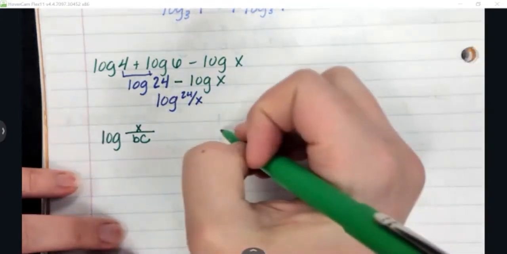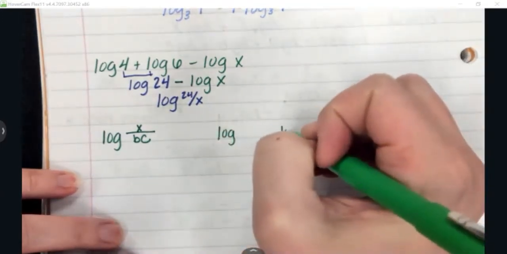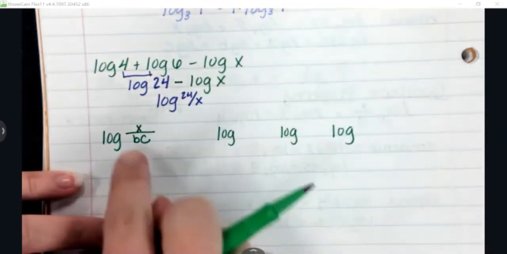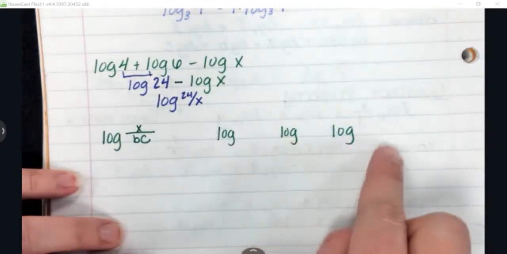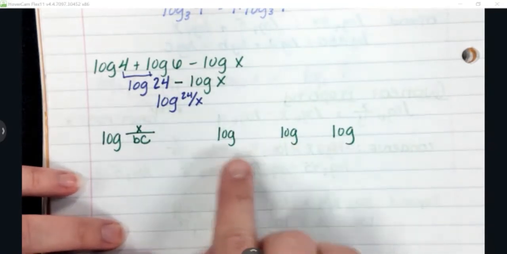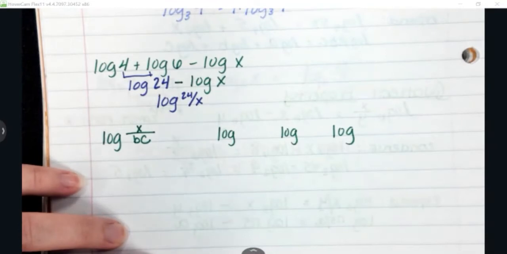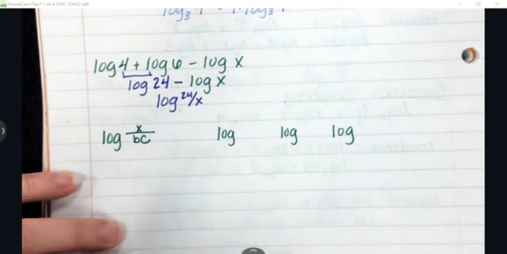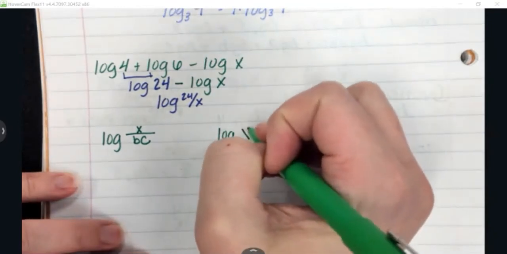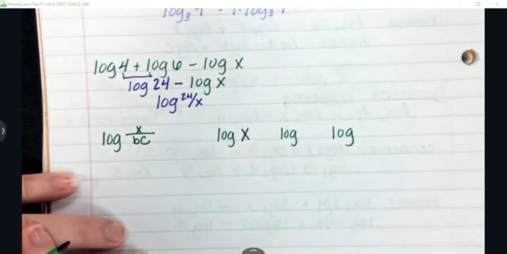Then you better know right away, I need 3 logs. You have to have however many items there are, or how many logs we have. Okay? Now, which log is going to come first? X. Why is X going to come first? Because it's on top. X is on top. It has to come first.